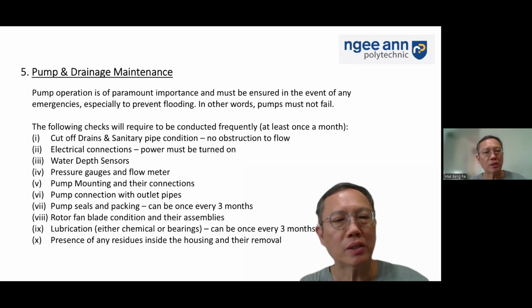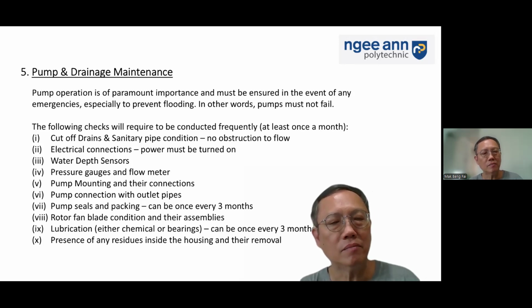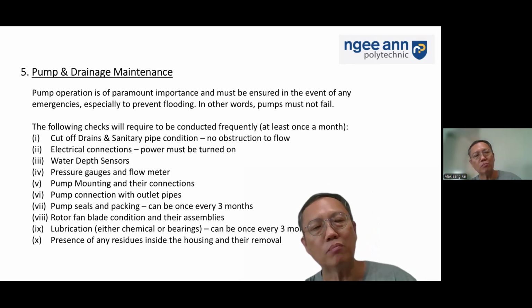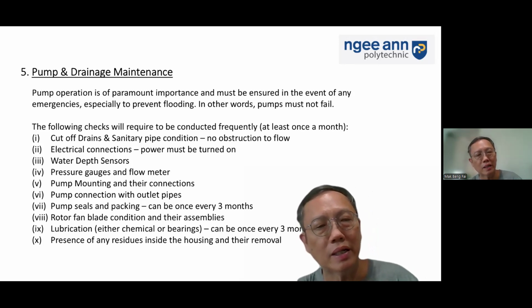Also, the pressure gauges and flow meter, to measure the pressure and the flow. And for the pump itself, we look at the pump mounting, the connections, and also the connection with the outlet pipe, making sure they are properly sealed and there's no leakage.